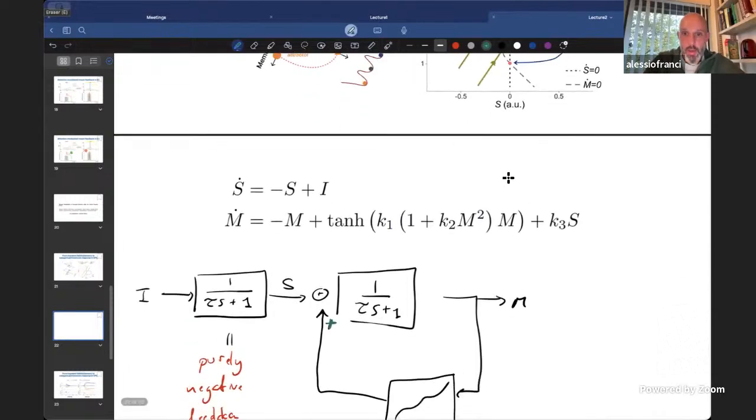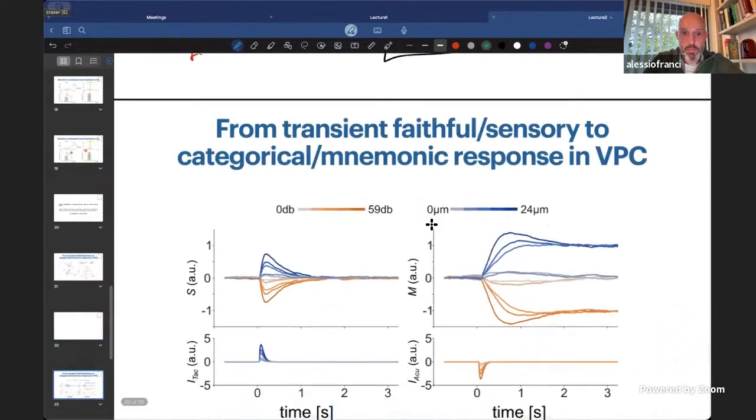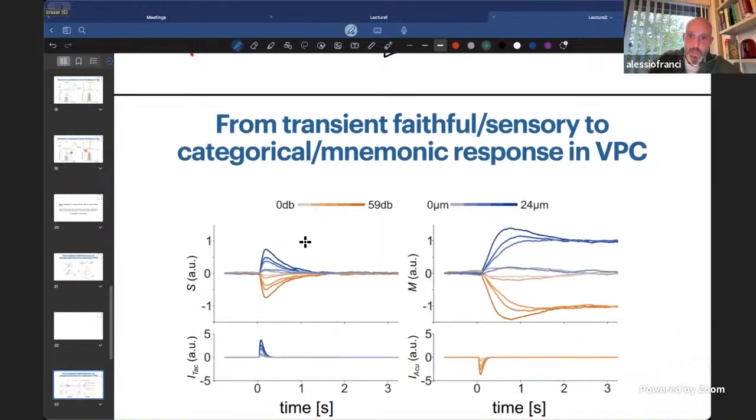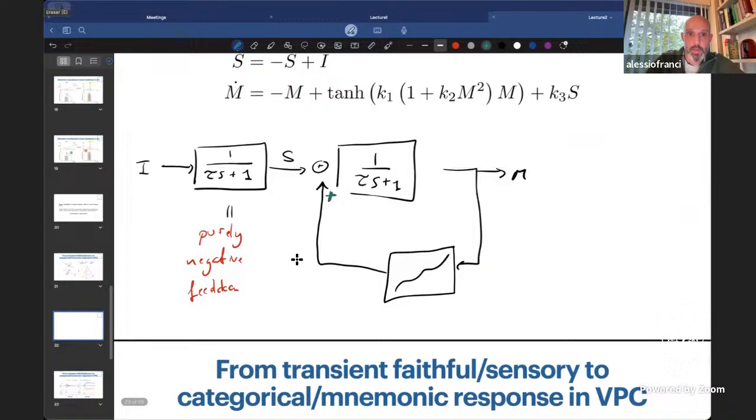And so when you have these all together and you look at the response in the sensory and the memory variable, well, essentially you have a very faithful response at the sensory level. And this is normal because the sensory variable is driven by purely negative feedback dynamics, so purely faithful.